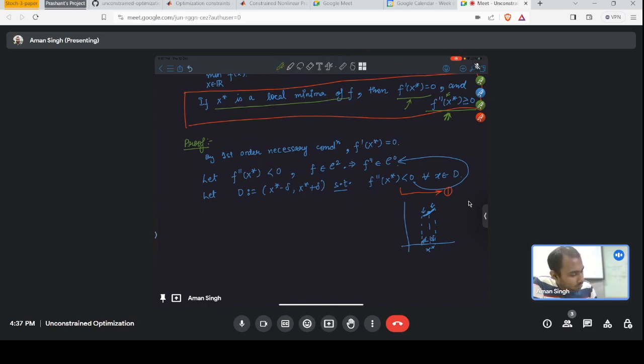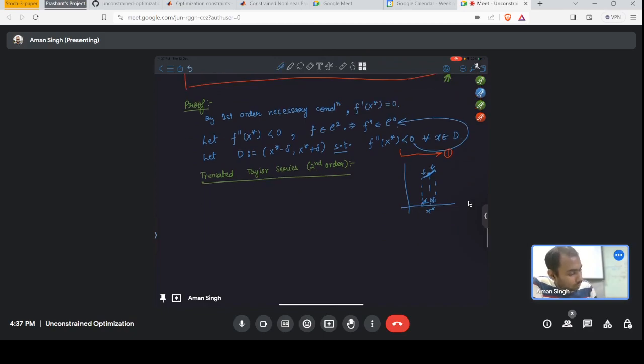Then same as previously, we'll use the truncated Taylor series, second order. So what does this mean? f(x) equals f(x star) plus f dash x star times (x minus x star) plus f double dash x bar times (x minus x star) whole square.